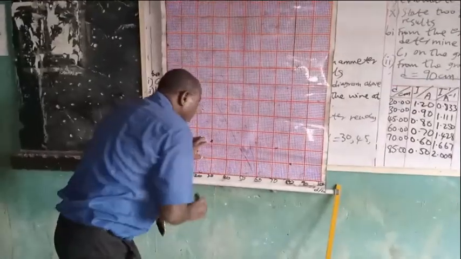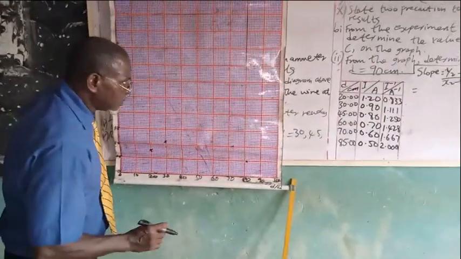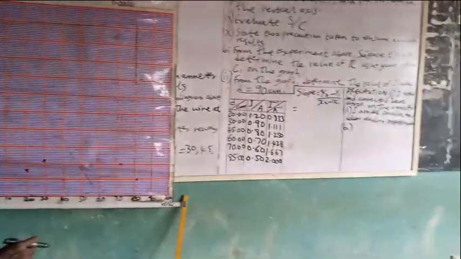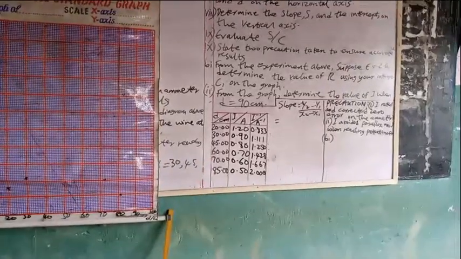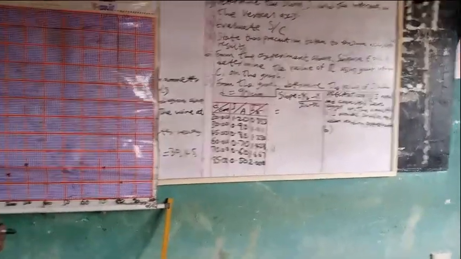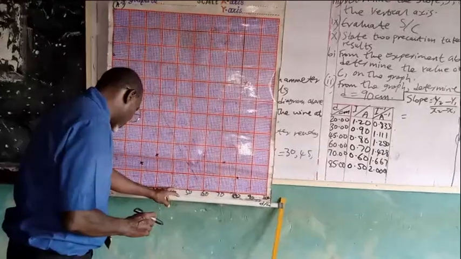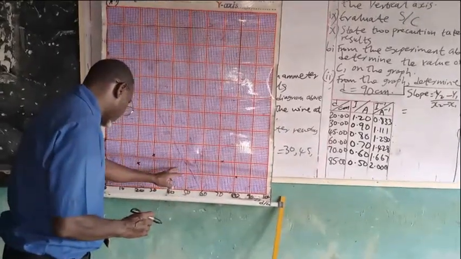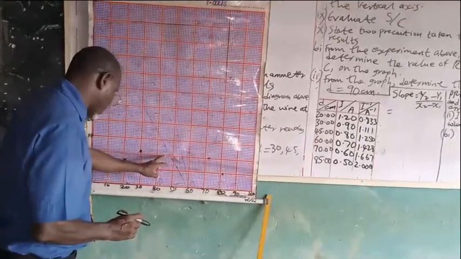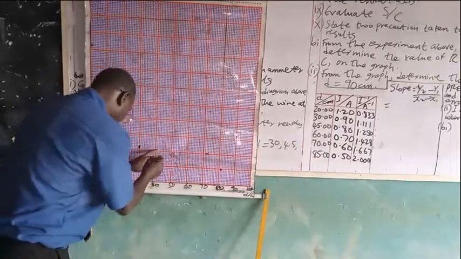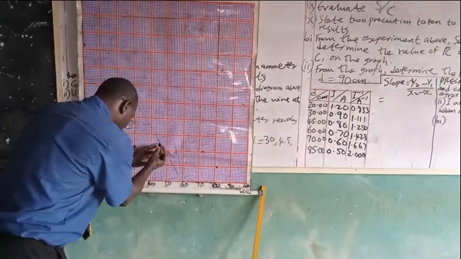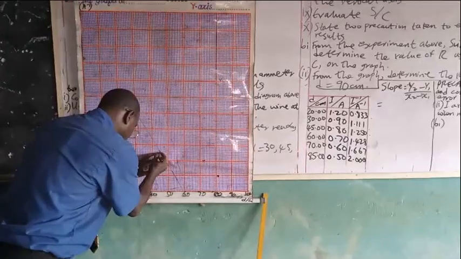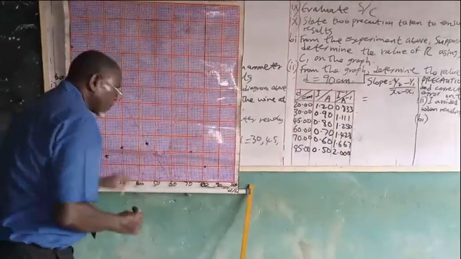When D is 45, I inverse is 1.25. 1.25 here.